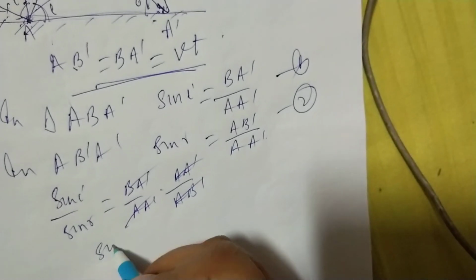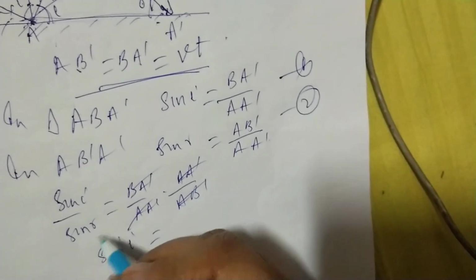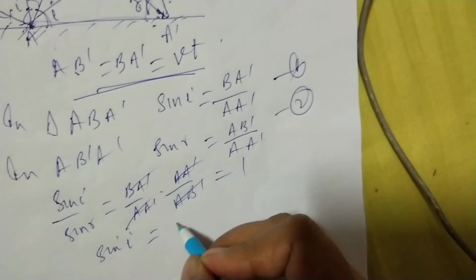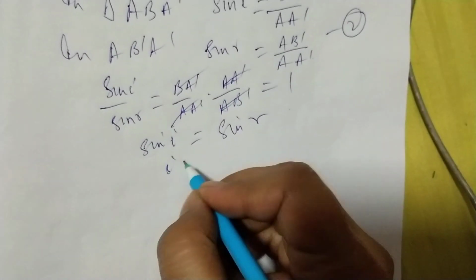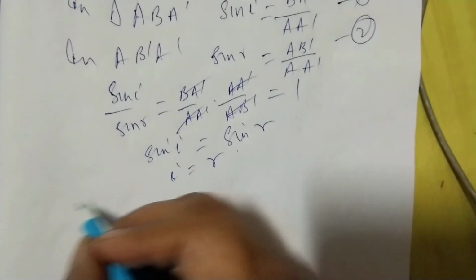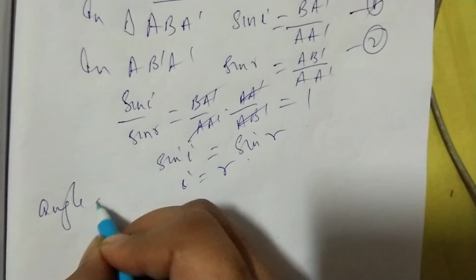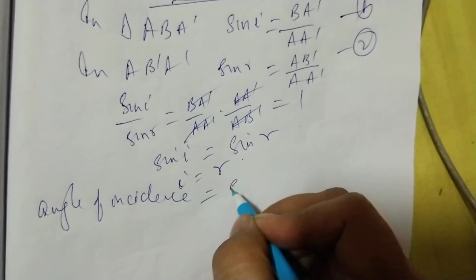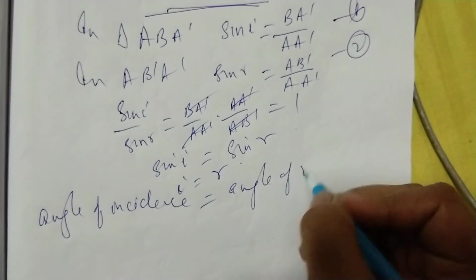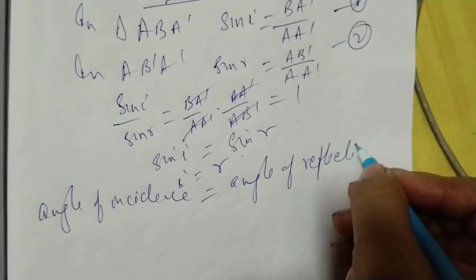So we get sine i by sine r is equal to 1, or we can perfectly write i is equal to r. This shows that the angle of incidence is equal to the angle of reflection. So we have proved that.